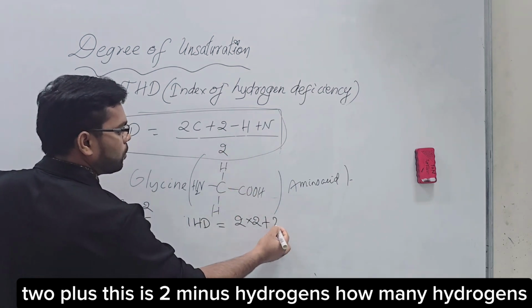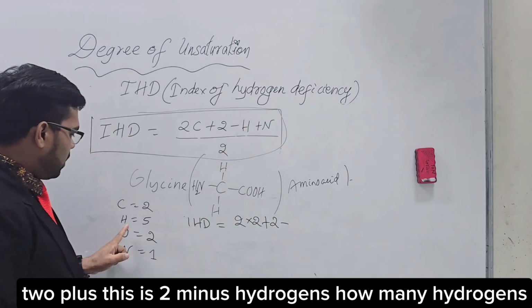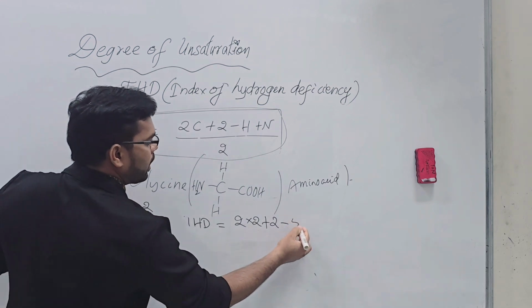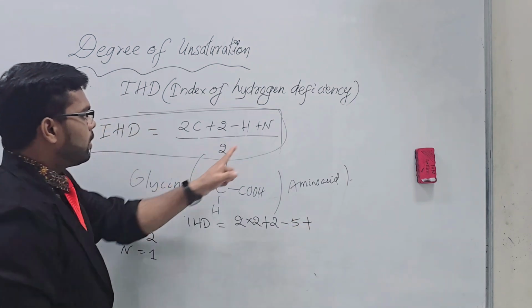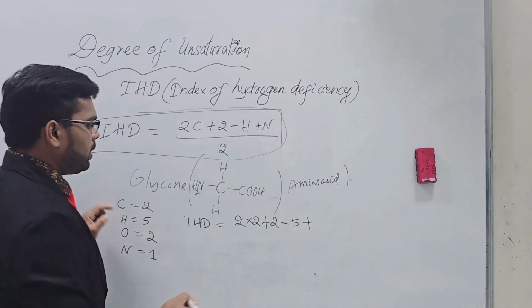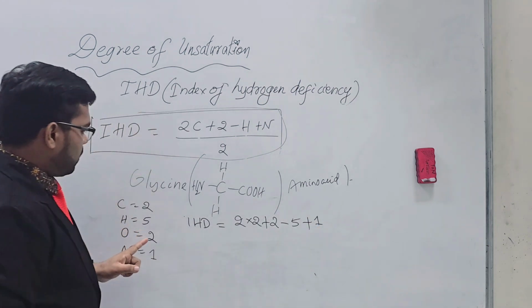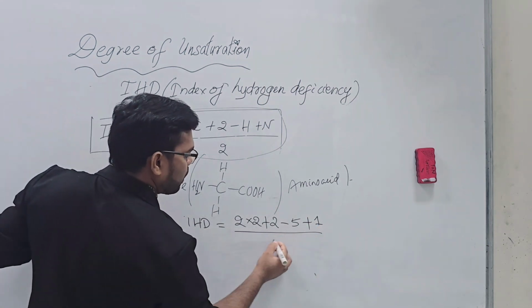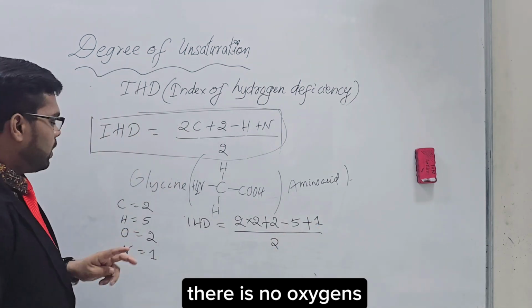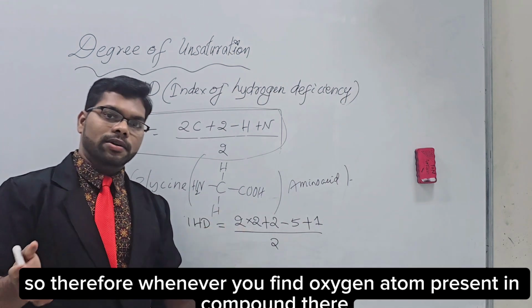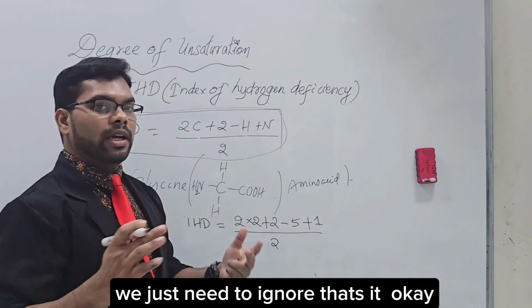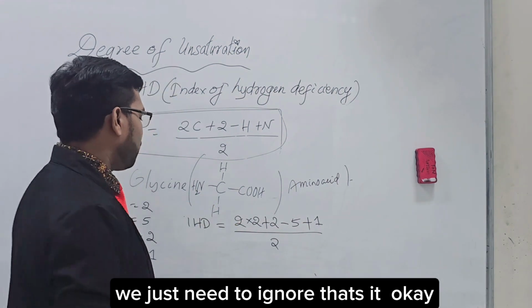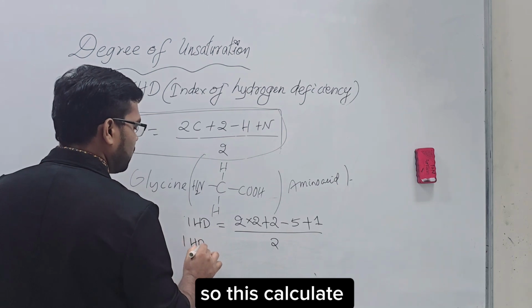Plus 2, minus hydrogens. How many hydrogens? 5 hydrogens, right? 5 here plus nitrogens. Nitrogen how many? 1. However, there is no oxygen term. So whenever you find an oxygen atom, you just need to ignore it. That's it. Okay. So just calculate this part.